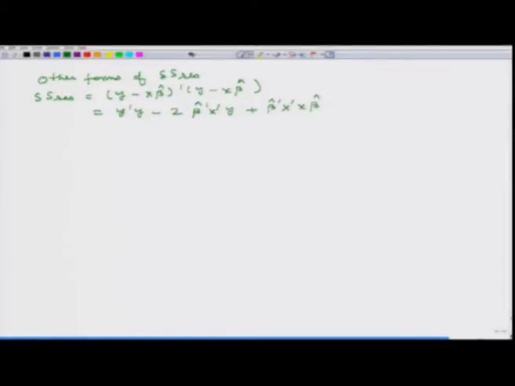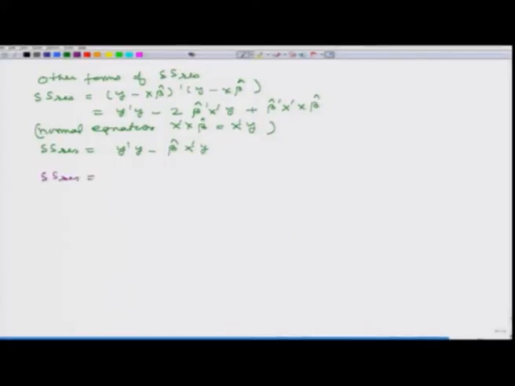Now, if you recall, we had obtained the normal equation as x transpose x beta hat is equal to x transpose y. So, if I try to use it, then this sum of square due to residual can be written as y transpose y minus beta hat transpose x transpose y. Right.